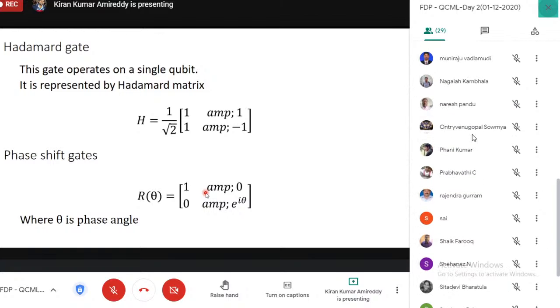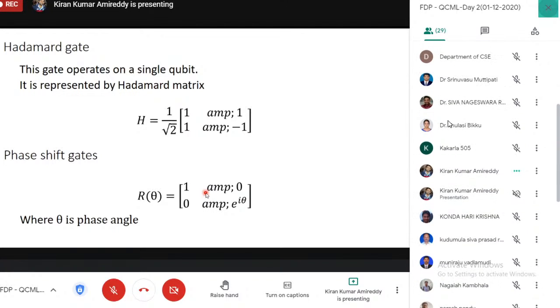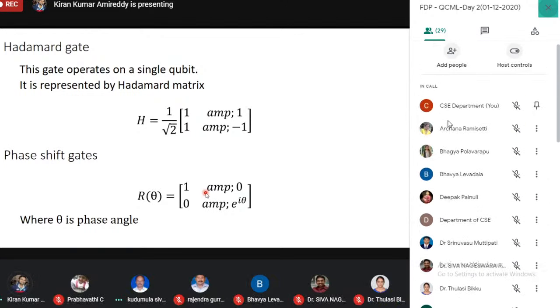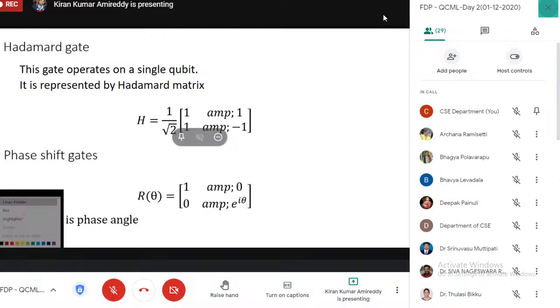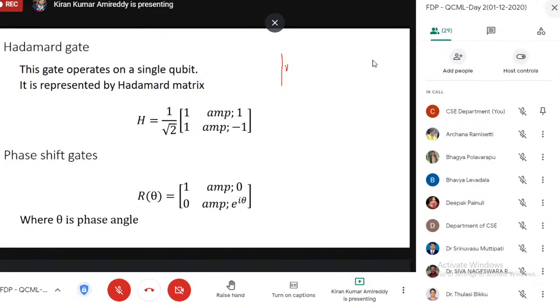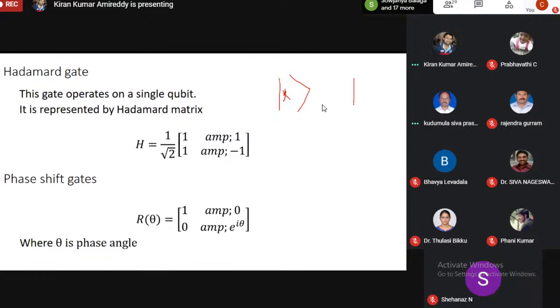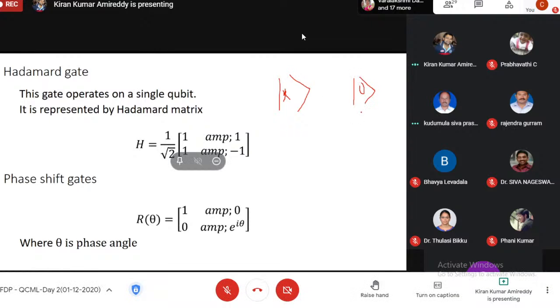If you take the Hadamard gate, this gate operates on a single qubit, either state x is given, or a bit 0 or 1.